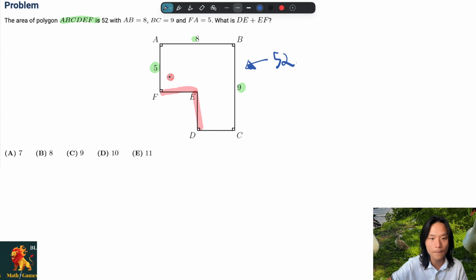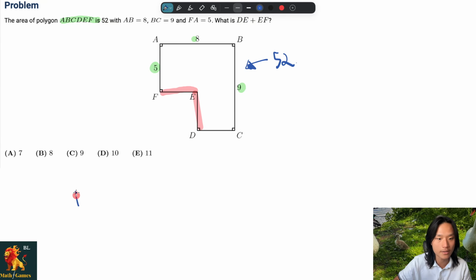So first of all, I see that the side BC is 9. We also know that the side BC is equal to the side AF plus DE.